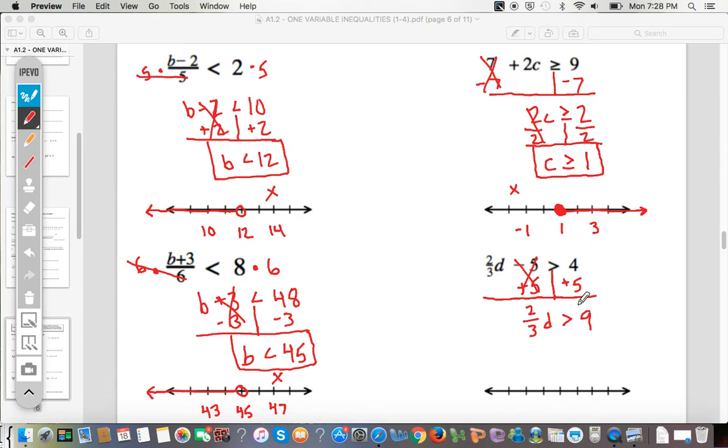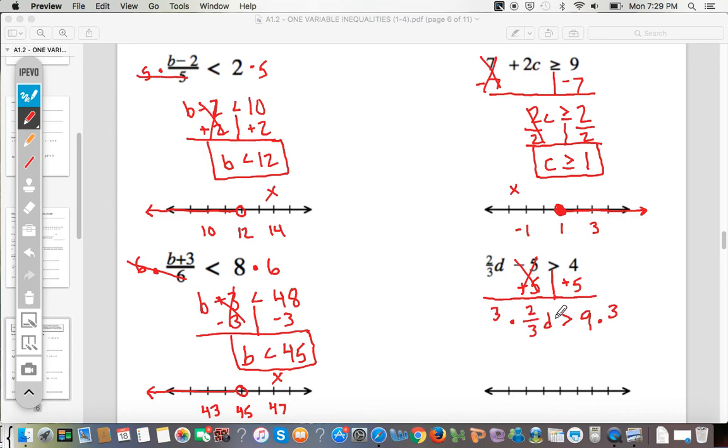Okay? So at this point we've only dealt with fractions that have had a 1 in the numerator. Here we have a 2. Okay? So we know that if we had a fraction where if we had 1 over 3, we could multiply by 3 on both sides, and the d would be by itself. So because of that, I'll put multiplied by 3 on both sides.